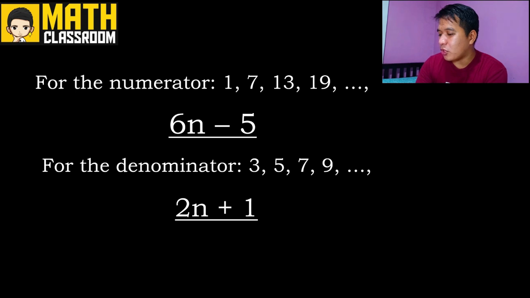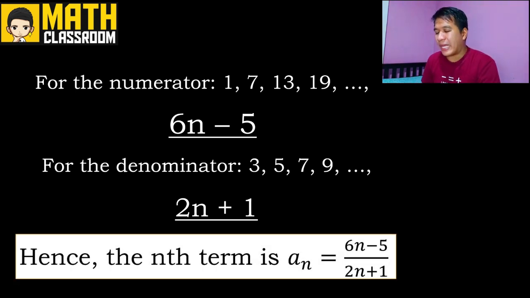If you're going to replace n with 1, 2 times 1 will become 2, at kulang siya ng isa para maging 3, so we'll have 2n plus 1 as our rule. Hence, the nth term of the given sequence is a sub n is equal to 6n minus 5 over 2n plus 1.